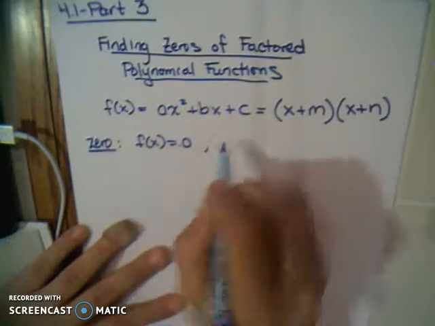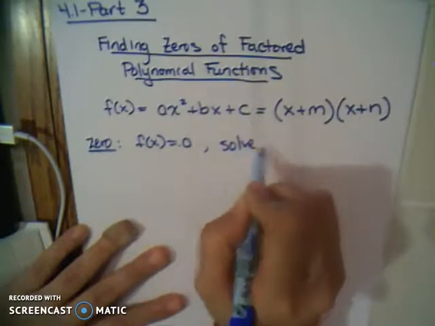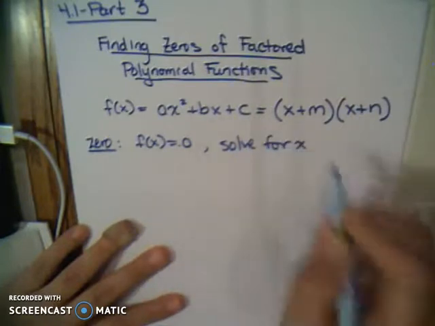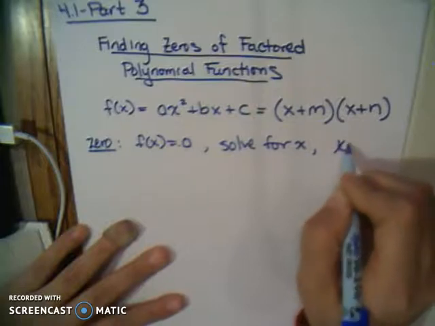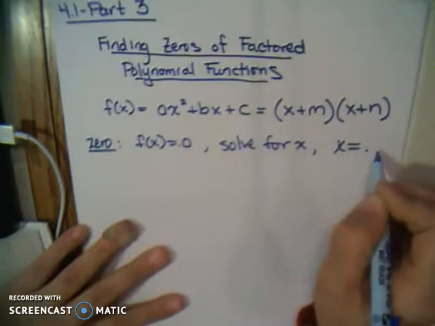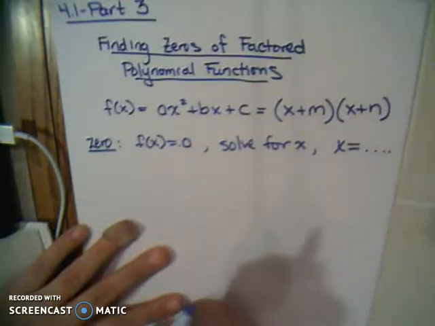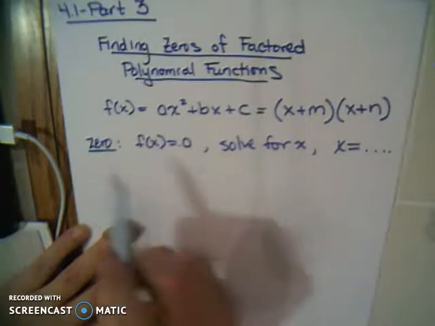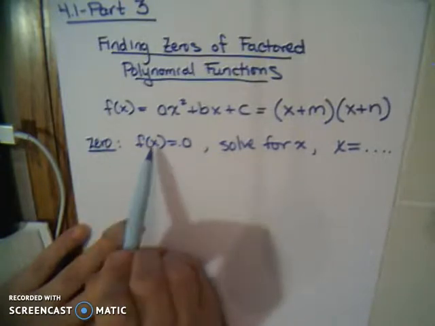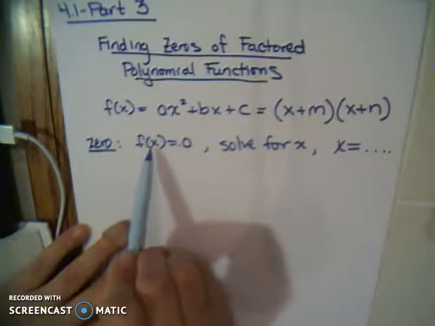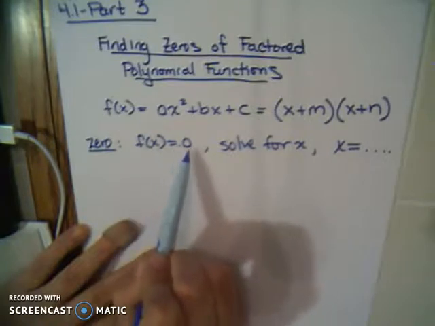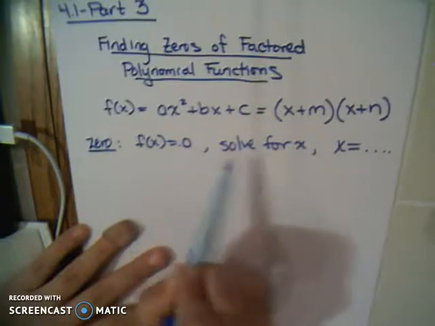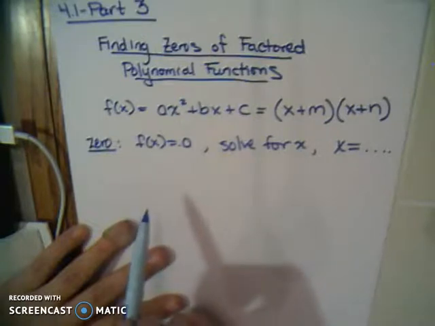So we would set a function equal to 0, and then we would solve for x. So our final answer would be x equals blank, blank, whatever. Could be multiple answers, could be one answer. But a zero is any number that would make the function equal 0. So we set the function equal to 0 and we solve for x.